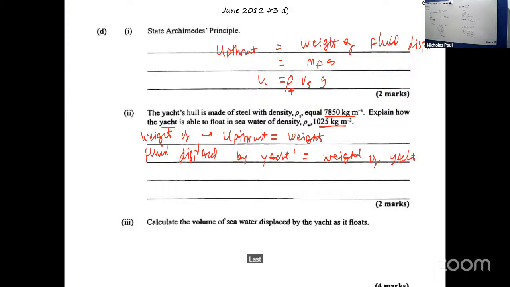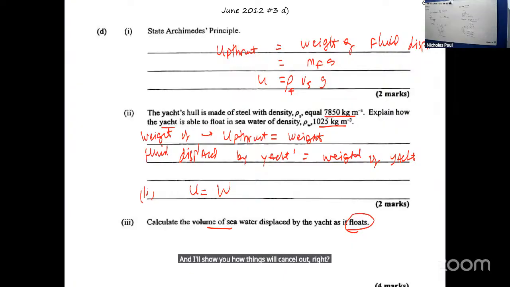Lastly, calculate the volume of seawater displaced by the yacht. So we need to get the volume of seawater. Remember, they say float, so we know in part 3 here that upthrust is equal to weight. Look at what I'm going to write and I'll show you how things will cancel off.